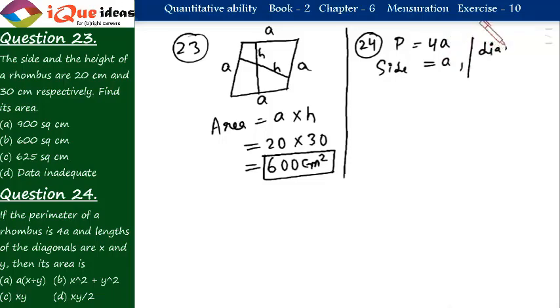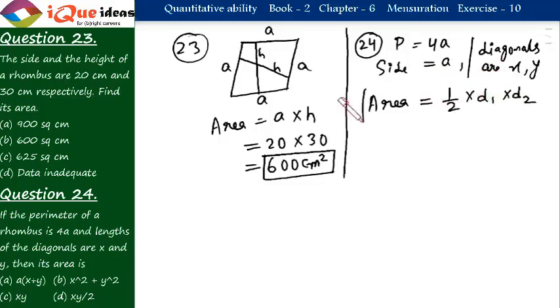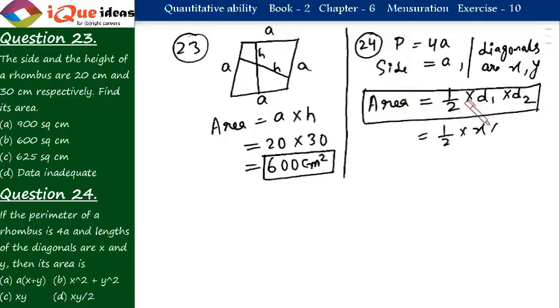The diagonals are given. Diagonals are X and Y. Okay, so we can say that area of that rhombus would be equal to half into product of diagonals, D1 into D2. This is another formula. This is a specific formula for rhombus only. Now in this case, area would be equal to half into X into Y.